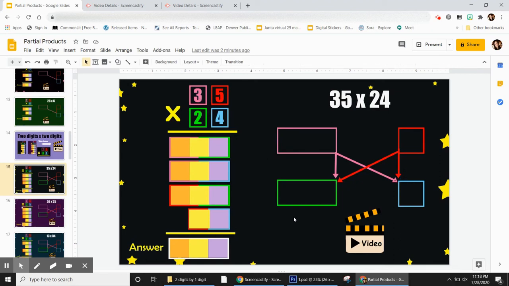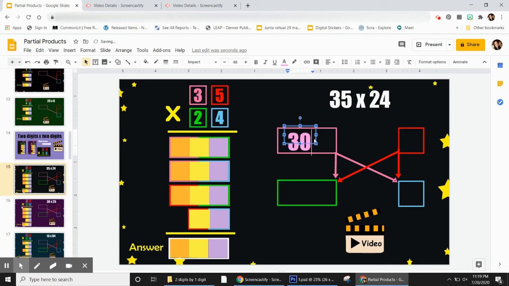So what I'm going to do now is take each digit and write it out in expanded form. So the number 35 is not 3 and 5, it's 30 and 5 because this 3 is really worth 30. So I'm going to type 30.